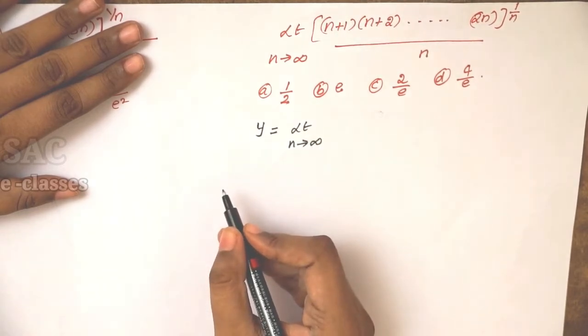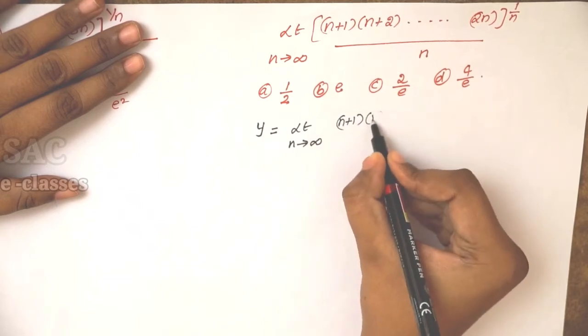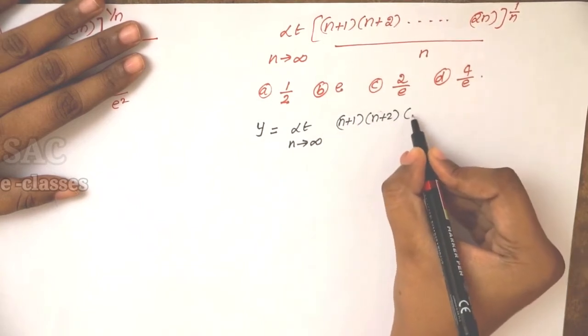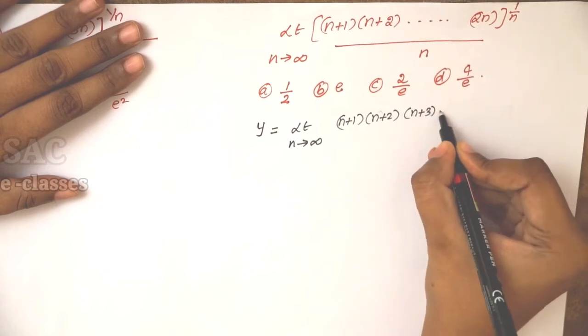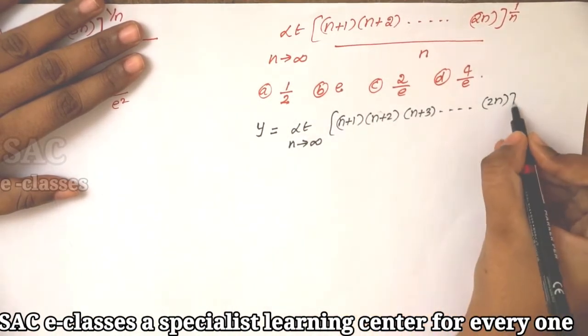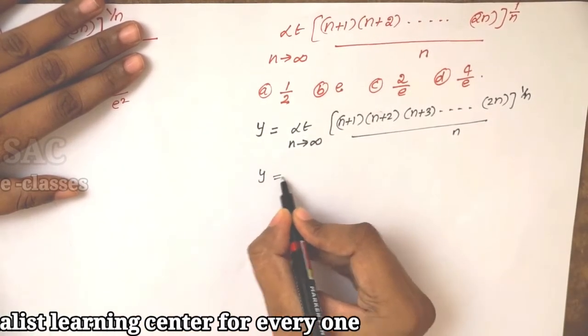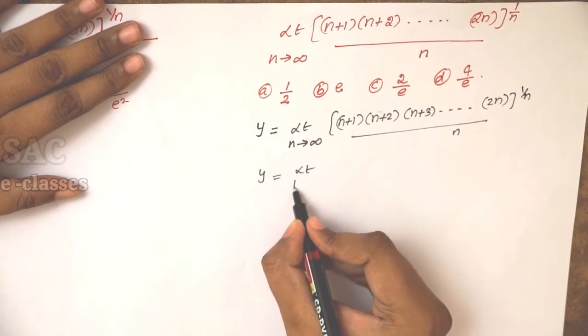y equal to limit n tends to infinity, n plus 1 into n plus 2 into n plus 3 into and so on 2n, whole power 1 by n, by n. First of all, let me simplify this one.